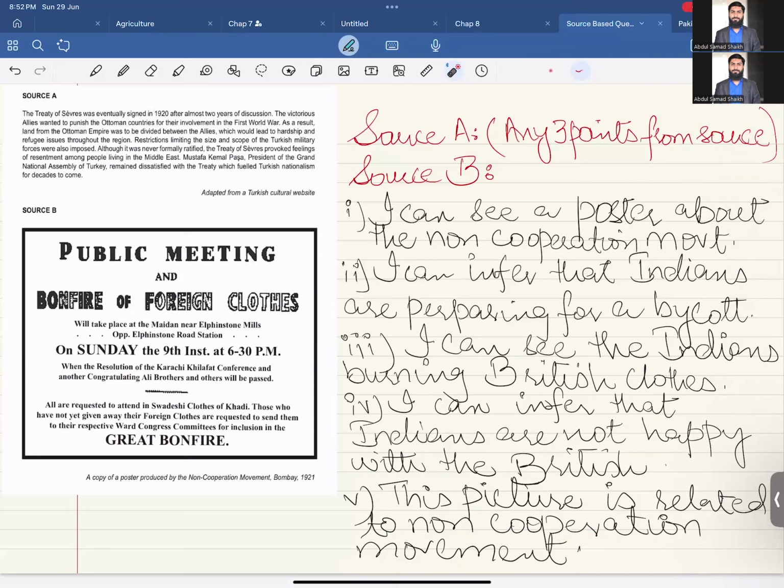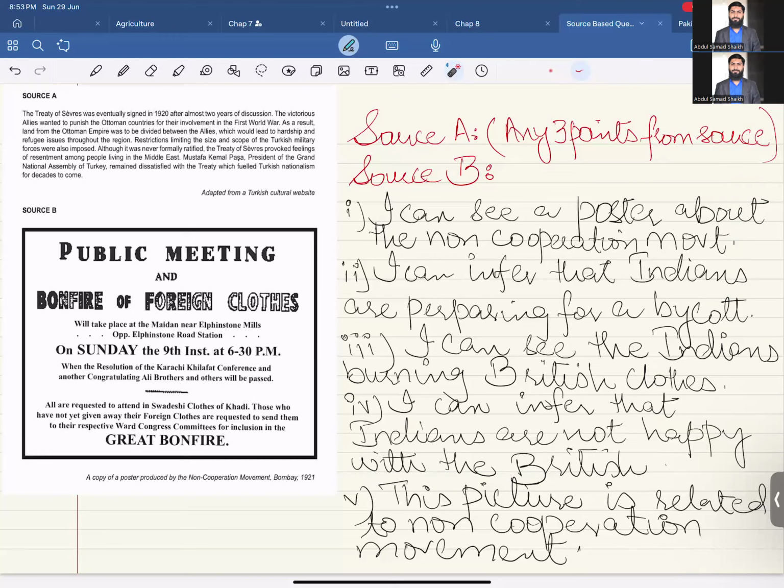So this is basically the description related to answering source-based questions. For source B, मैंने mark scheme में जो examiner ने prescribe किया है way of writing down the facts, the inferences and the event the picture is related to, उसको ब्रेक डाउन कर दिया है इस तरीके से. इस वीडियो को देखने के बाद आप मार्क्स स्कीम को रेफर कर सकते हैं.